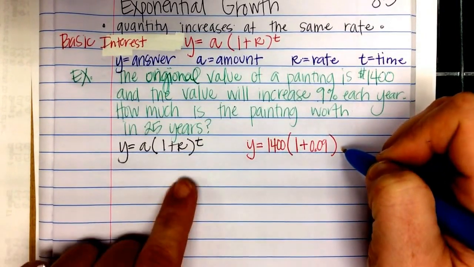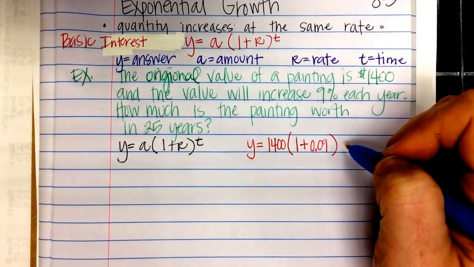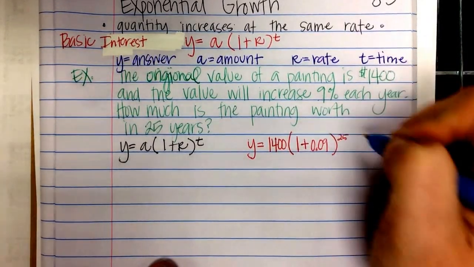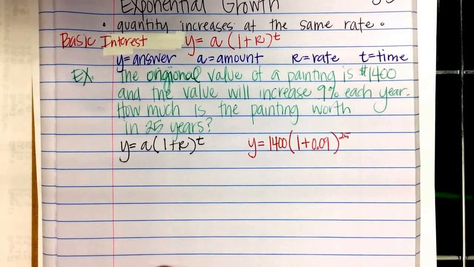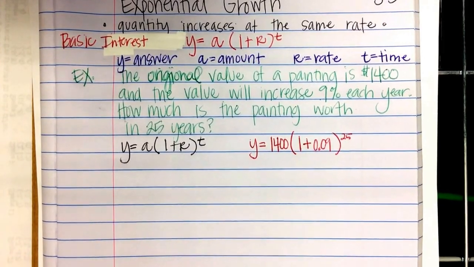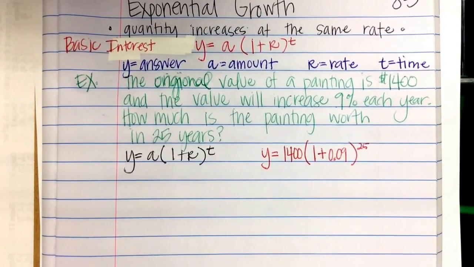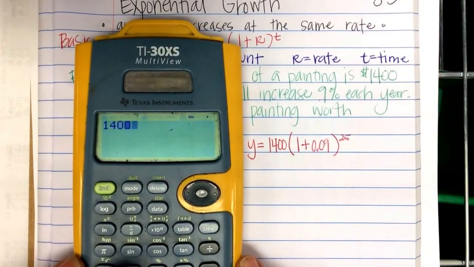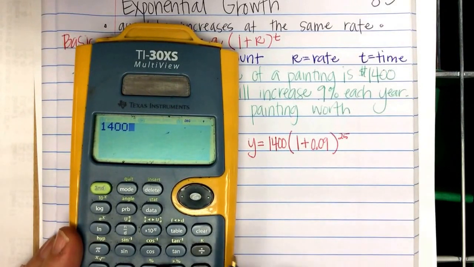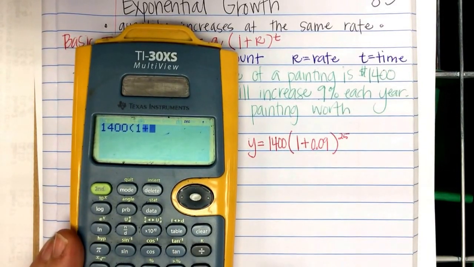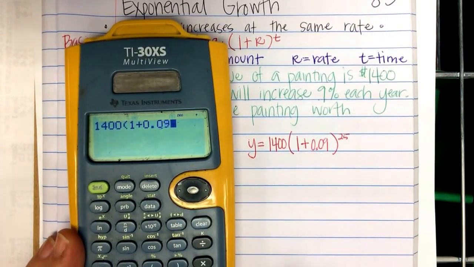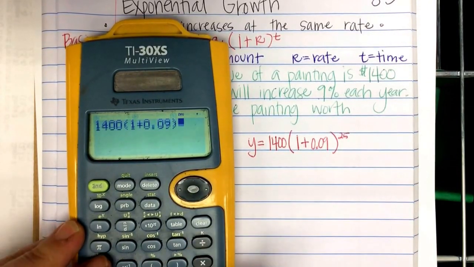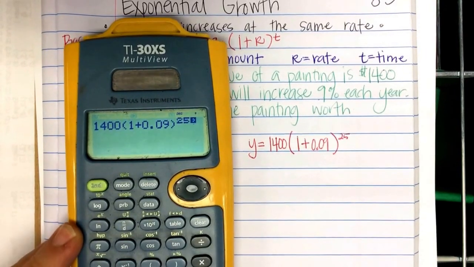And what's my T? What's my time? Ian? 25. So then we simply take our calculator. 1,400 times 1 plus 0.09 to the 25th power.